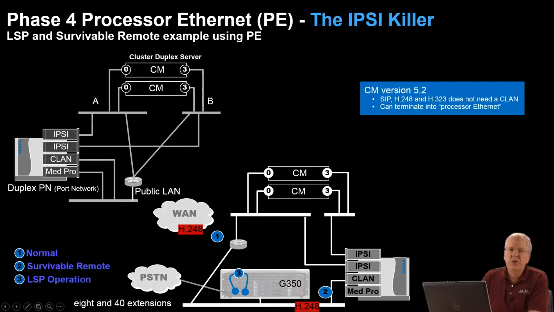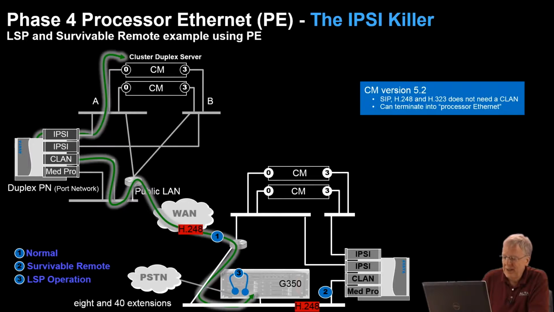But arguably, it's using a more desirable protocol. It's using H.248. The IPSI stuff was proprietary. So, to connect the G650 to Communications Manager at this time, prior to processor Ethernet, the only way was through a CLAN, through the IPSI, to the Communications Manager.